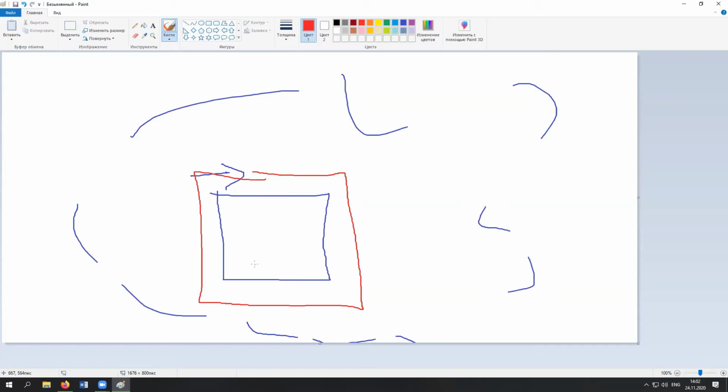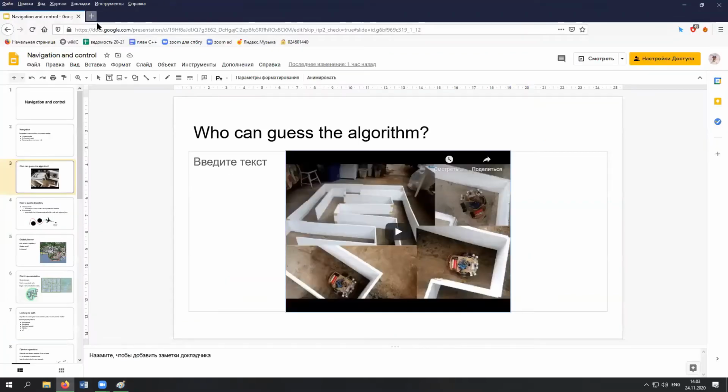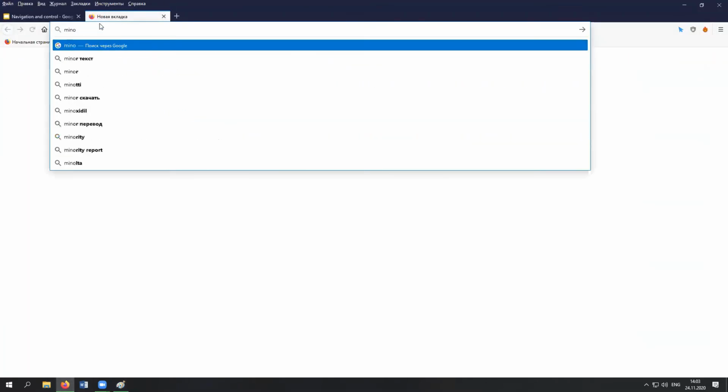If we can somehow be sure that we have no loops here, then moving along the wall on the right or on the left hand, but you have to pick one of the rotations before you start, will always bring you to the exit of the maze.